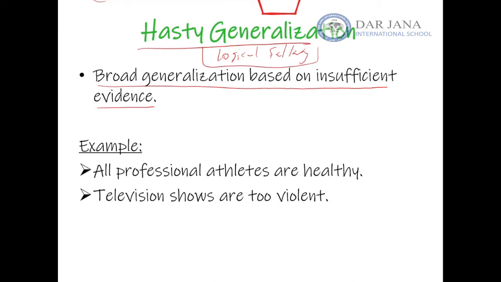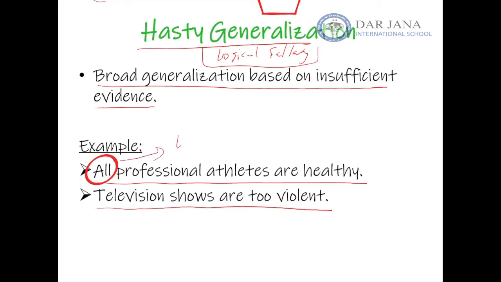So let's look at these two examples. All professional athletes are healthy, and television shows are too violent. Notice in the first and the second one. The first one, I'm using the word all, which means in this case, mathematically speaking, it's 100%, with no exclusion, that they are all healthy.